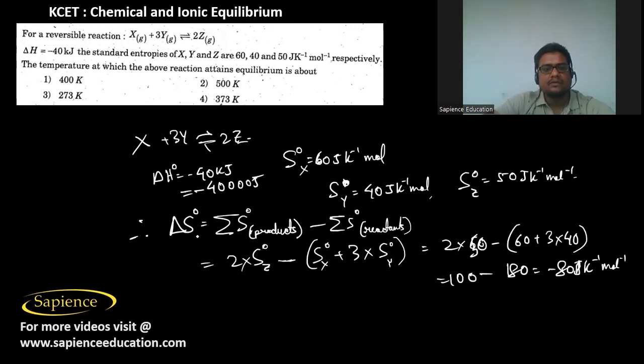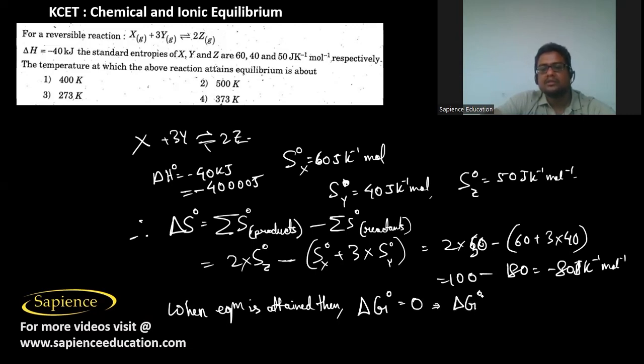So now we have to find the temperature at which the above reaction attains equilibrium. We know that when equilibrium is attained, the change in Gibbs free energy delta G naught should be equal to 0. Now delta G naught is delta H naught minus T delta S naught, and that is equal to 0. It means that delta H naught equals T delta S naught.